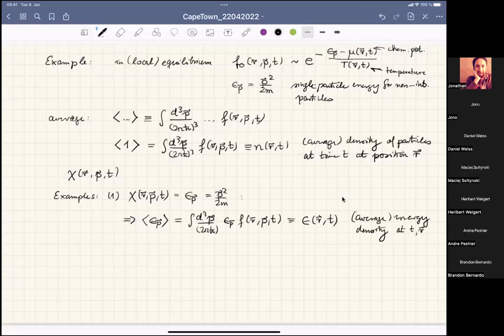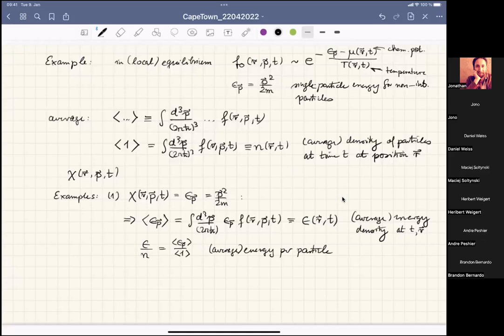And now I can also form the energy per particle by dividing energy by density. So in essence, this is epsilon p averaged over 1 averaged. This is the average energy per particle at time t and position r.